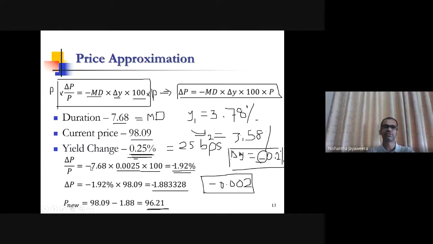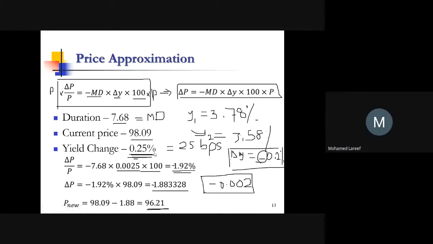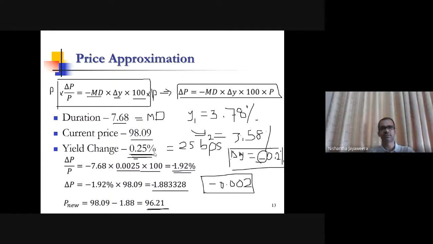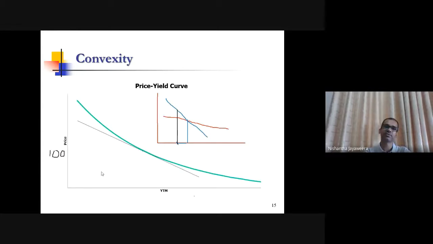Then you need not put the minus sign here, because whether it's plus or minus depends on whether yield increases or decreases. It should be the same on both sides, because duration is just the slope of this line.